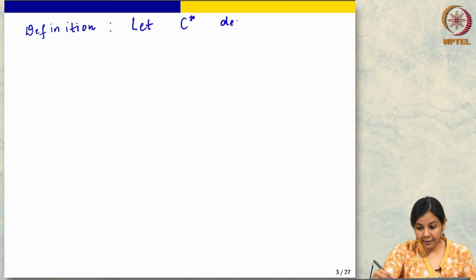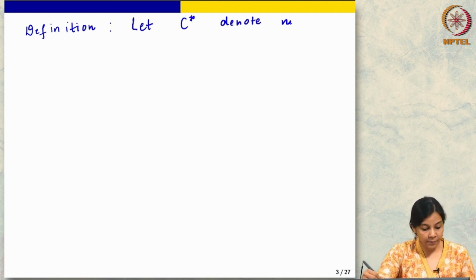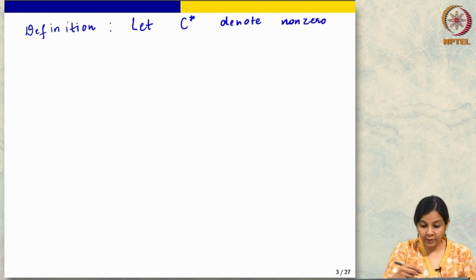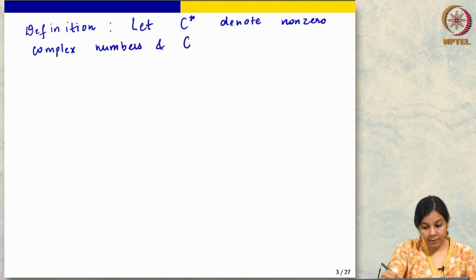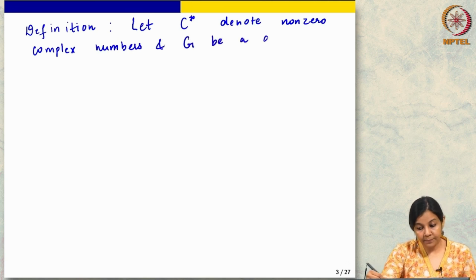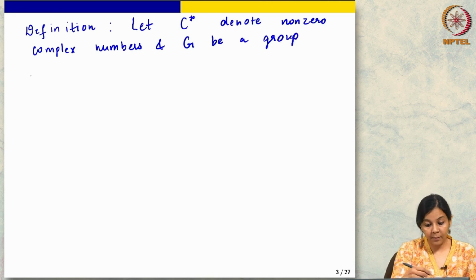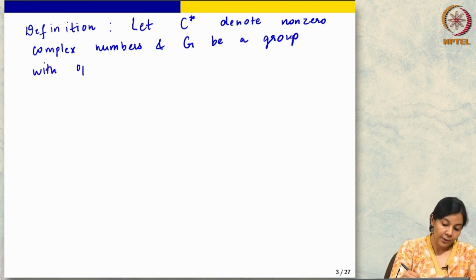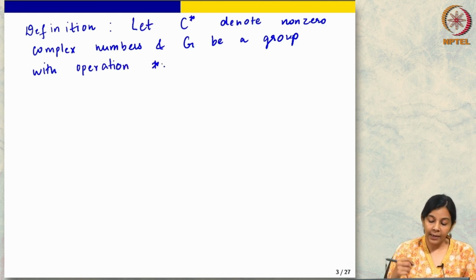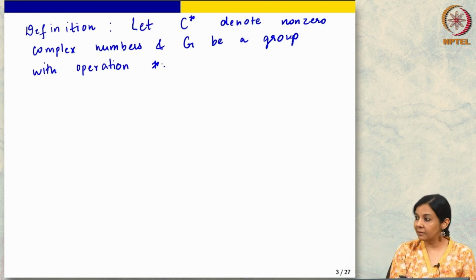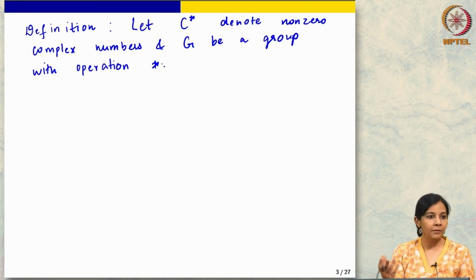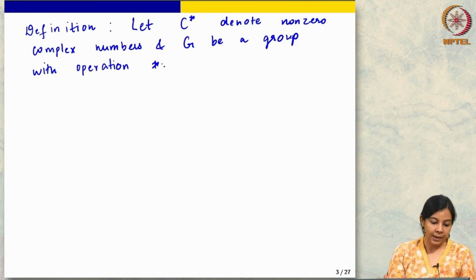Let C star denote non-zero complex numbers, and let G be a group with operation denoted by asterisk. So, note here that I am taking an abstract view of this operation. It does not mean that this is multiplication, just that a group has a certain operation and we will just denote it by asterisk.